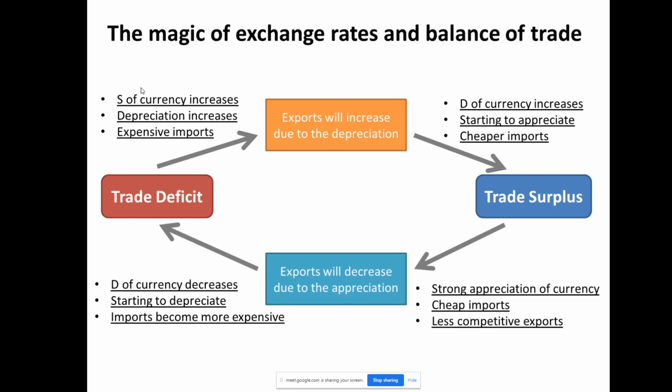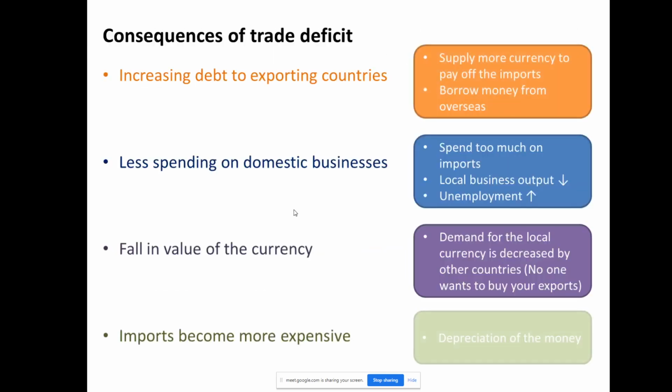So there should be a higher supply in our currency, and that's why you will see a depreciation in our currency. So here, when it comes to a trade deficit, we just have to focus on a few points. There will be increasing debts, and also some negative impact to our local businesses, because we spend so much money on imports.